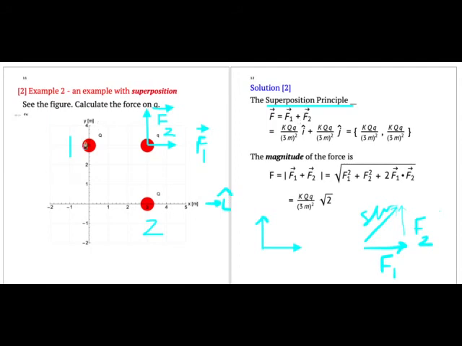What's F2? Here's F2. Just think of the force of interaction of these two charges. It's KQQ over 9. j hat points in the j direction. So j hat is in the y direction.